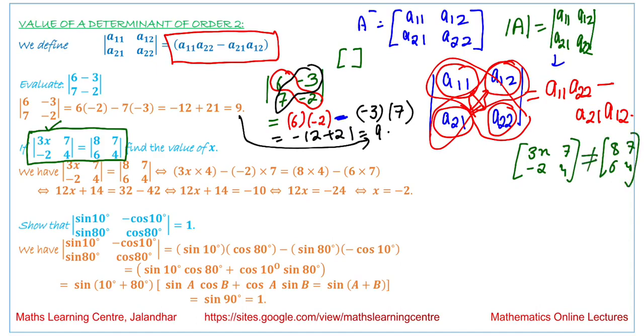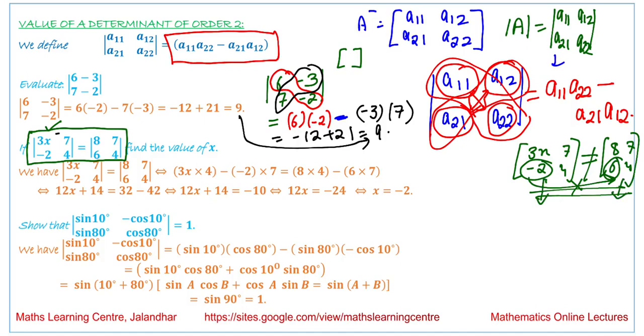Clearly these two matrices can never be equal because of this term, that minus 2 and 6 are not equal to each other. So these two matrices cannot be equal. But when we are talking about the determinant, we are talking just about the value, and the determinants of these matrices can be equal. This is given over here.